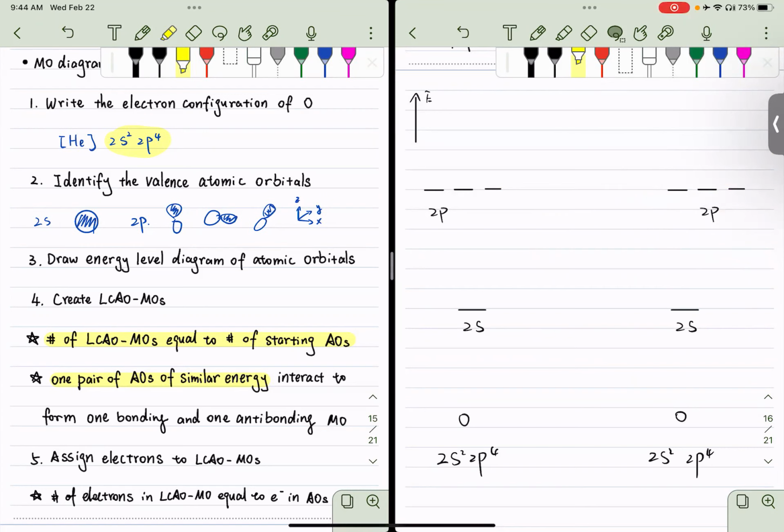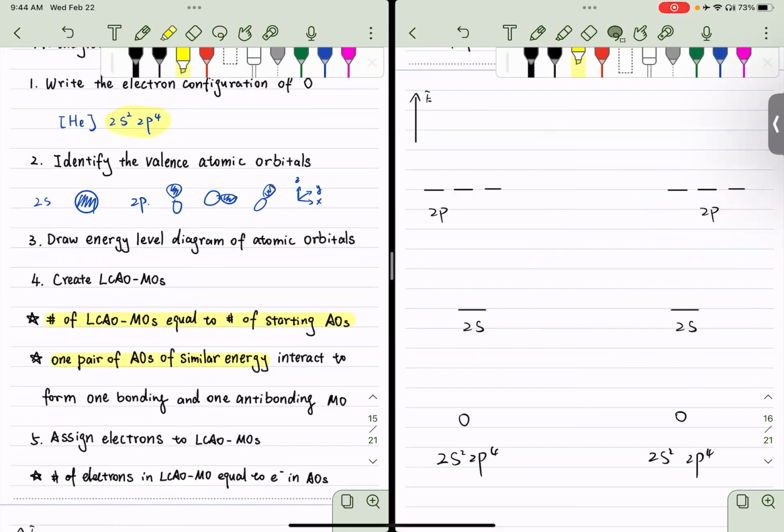In this case, each pair of atomic orbitals creates a pair of molecular orbitals. The pair of 2s gives you sigma 2s and sigma star 2s, coming from the 2s atomic orbitals of your oxygen atoms. For your p atomic orbitals, we do the same. From the 2pz, we have the sigma 2pz and also the sigma star 2pz, way up there.